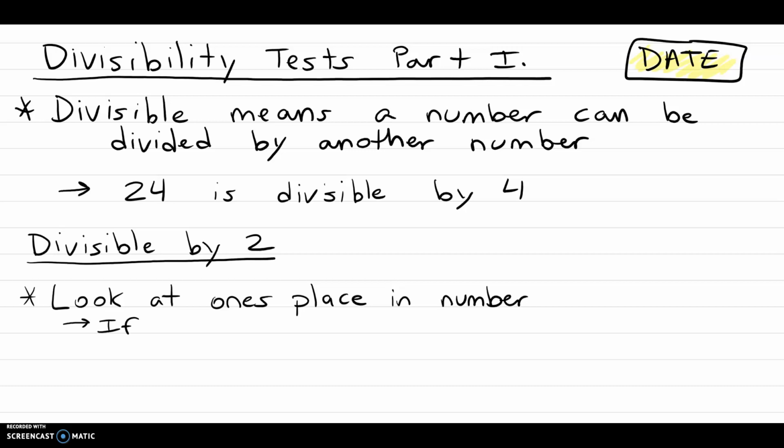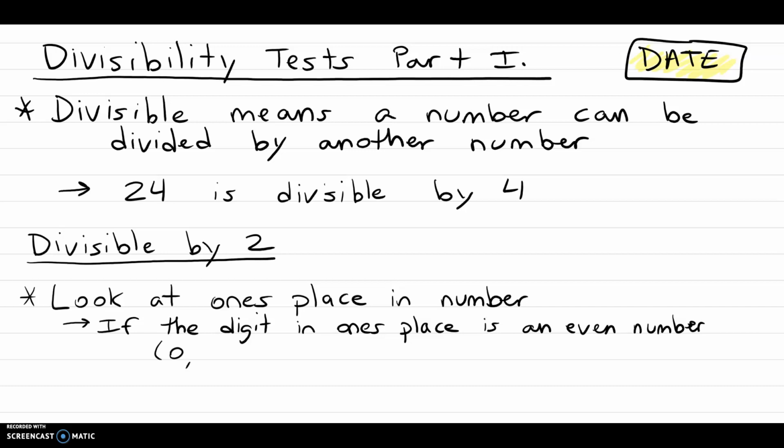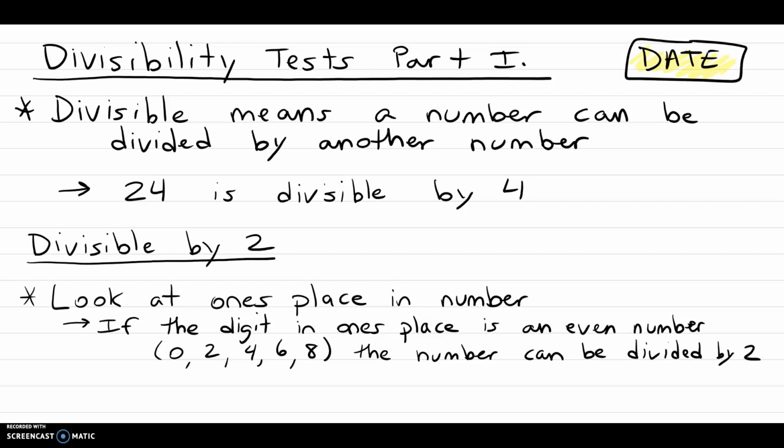If the digit, or the number, digit just stands for number, if the digit in the ones place is an even number, so that means 0, 2, 4, 6, 8, the number can be divided by 2.